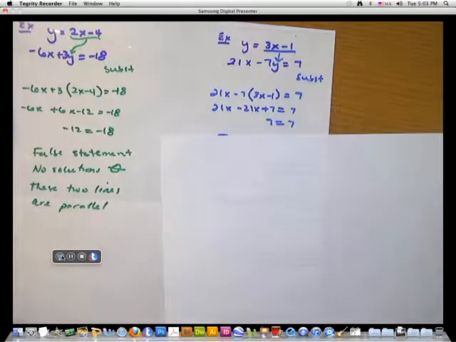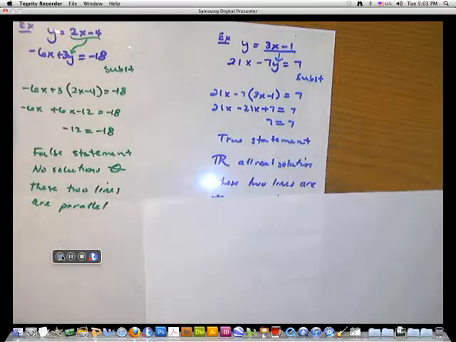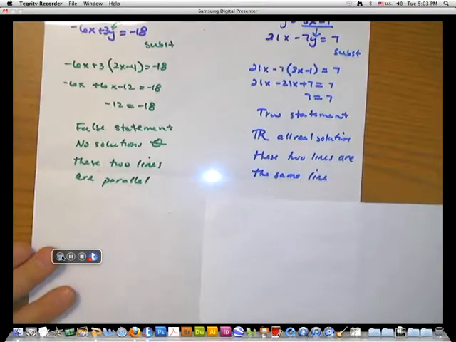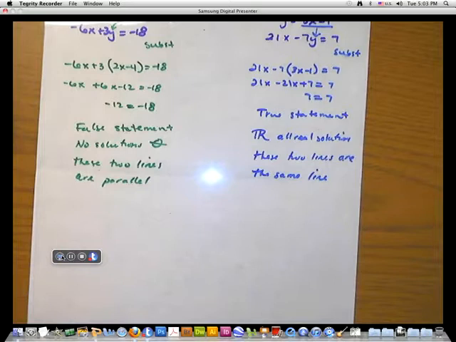Or if I were to subtract that over, I get 0 is 0. Either way, this is a true statement. If I have a true statement, I'm going to get all real solutions. That means these two lines, if I were to graph them, are exactly the same line. I would be graphing one line on top of the other. There would be no separation between them.